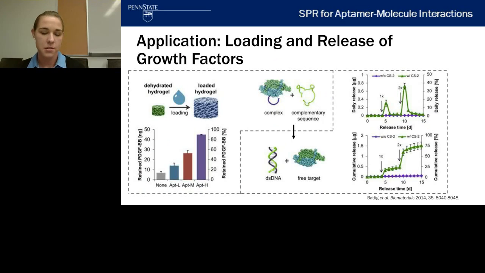So when we apply this to a system, we can use this aptamer to load and then also release PDGF-BB from a biomaterial, which in this case is a hydrogel. So this hydrogel is porous and can be loaded with the protein of interest. In this case, the aptamer is already conjugated within the hydrogel matrix, so it's chemically conjugated, not physically conjugated.